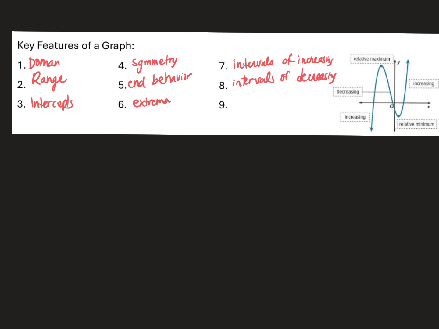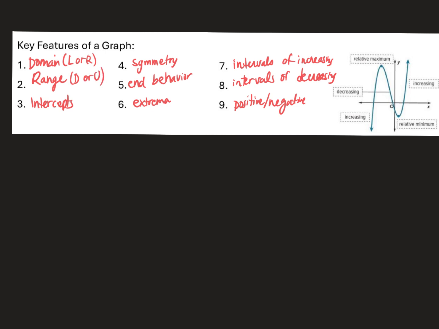And where the graph is positive or negative also helps give a clear picture of what the graph will look like. So domain and range. Remember, domain is how far left or right your graph goes, and your range is how far down or up the graph goes.